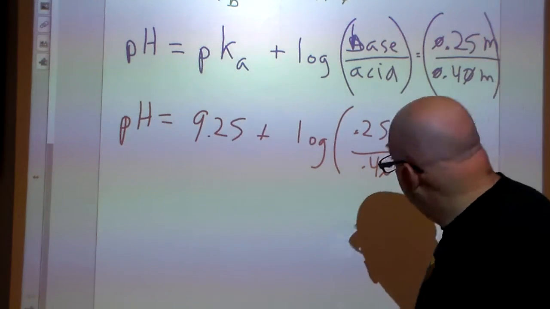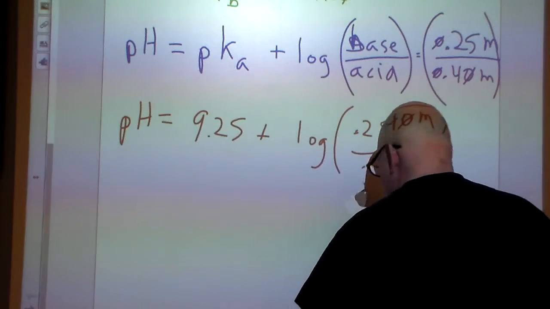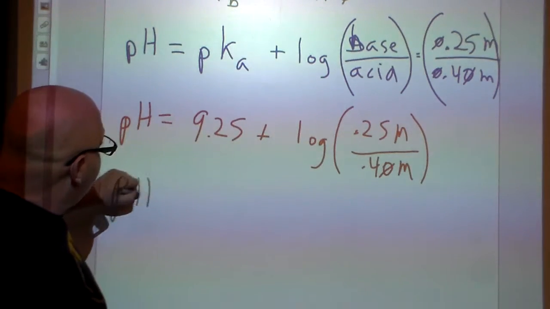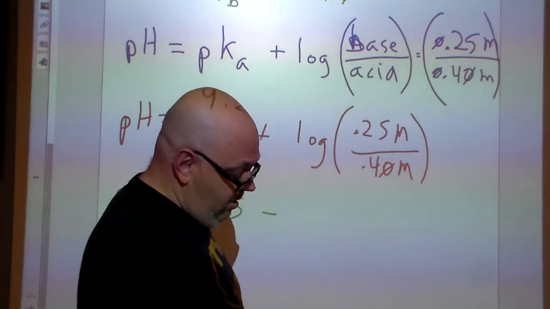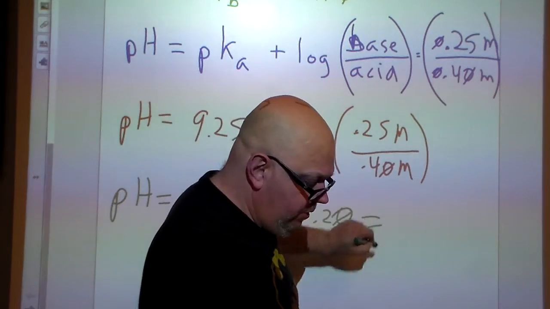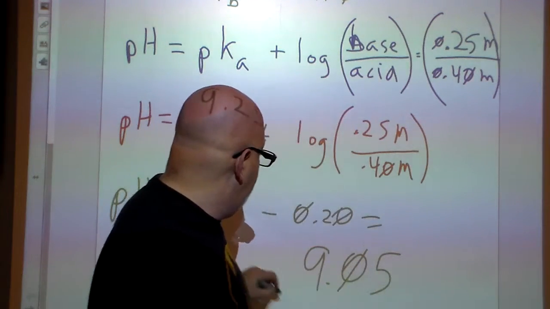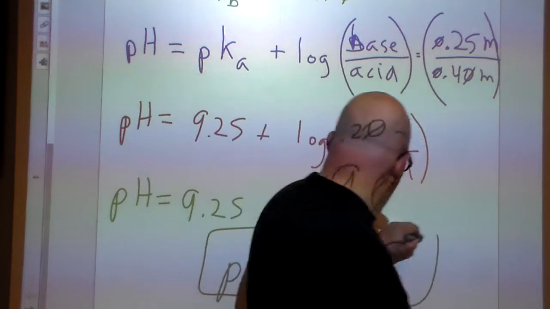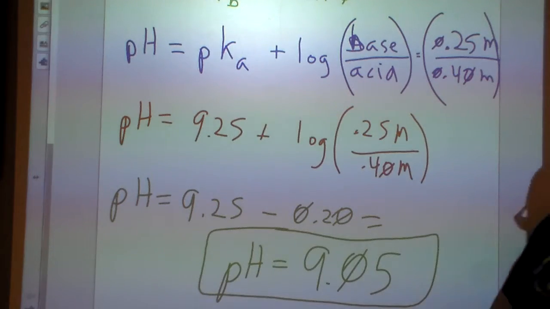So in the end, our pH is equal to 9.25 minus 0.20, which is going to equal 9.05. And ladies and gentlemen, that is our answer.